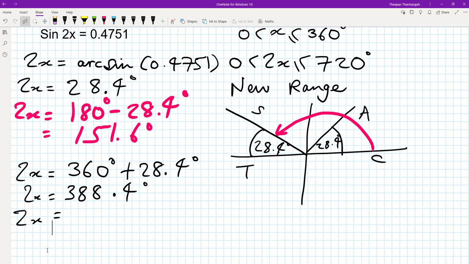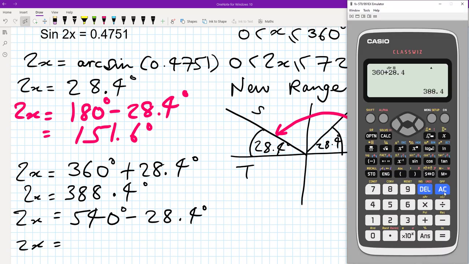And then we're going to do 360 plus 180, which gives me 540. So that's going to give me 540 minus 28.4 degrees, which is 511.6.